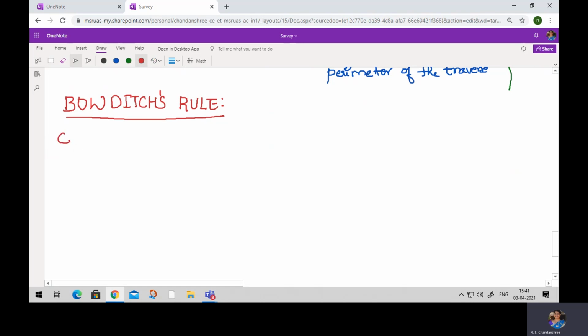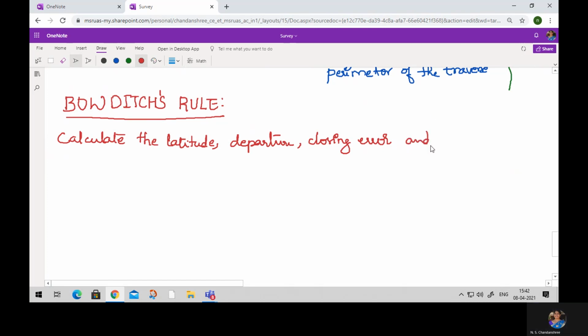So in Bowditch's rule, the question will be: calculate the latitude, departure, closing error and adjust the traverse by Bowditch's rule.